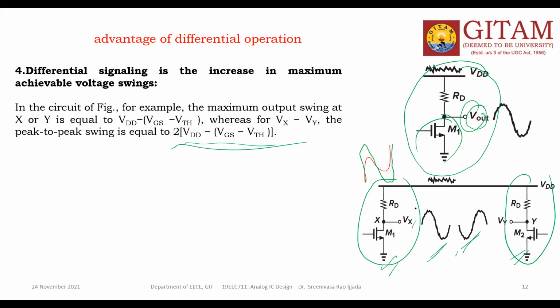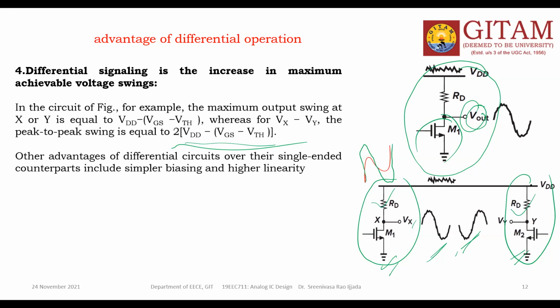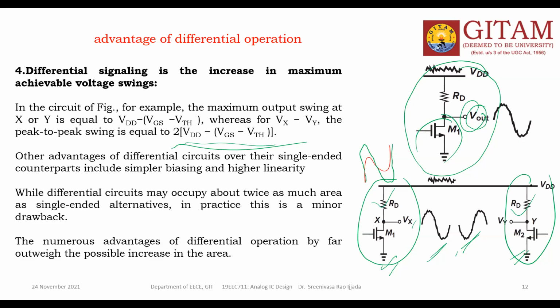In transistors, we call it beta. I don't know whether you remember or not, but these two transistors should have the same gm value. Then the two are symmetrical. Whenever they are symmetrical, the currents they draw from the supply voltage VDD will both be the same. So that is one of the advantages.